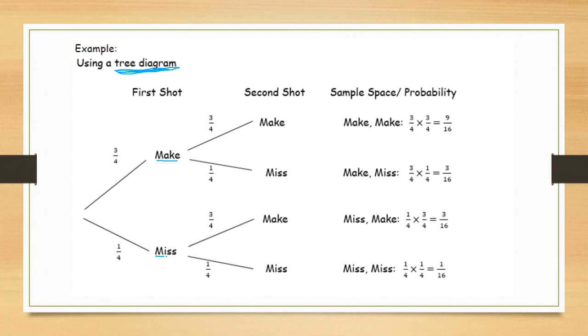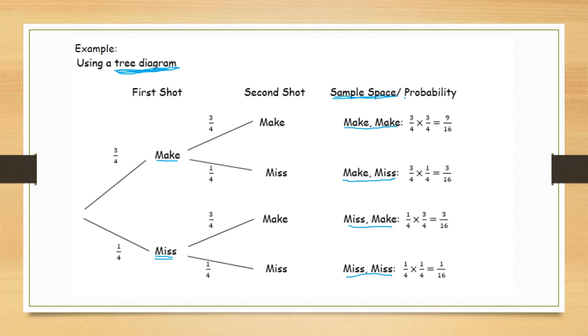And if he misses the first one, he can make or miss the second one. So the actual sample space is this list. He can make and make, he can make and miss, he can miss and make, he can miss and miss.